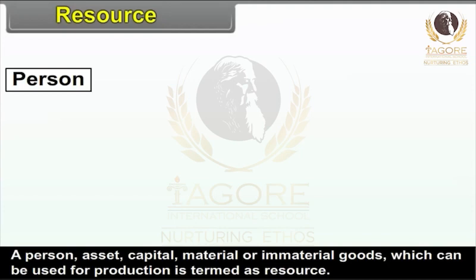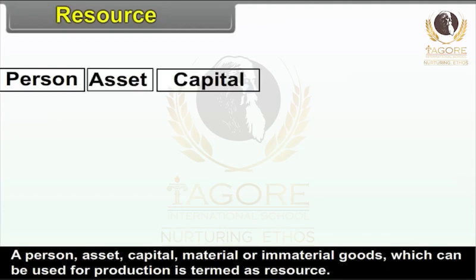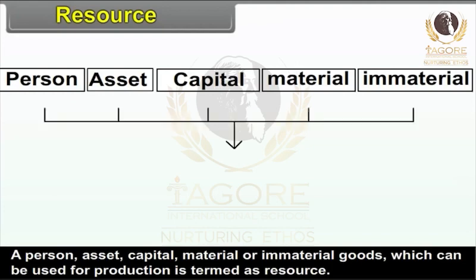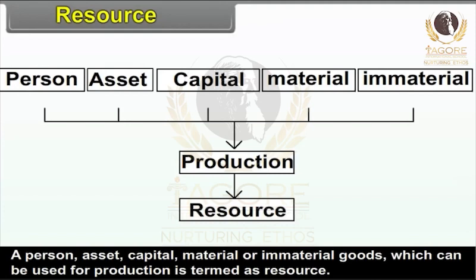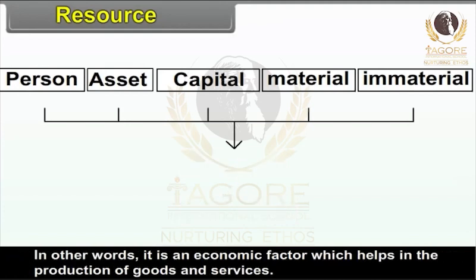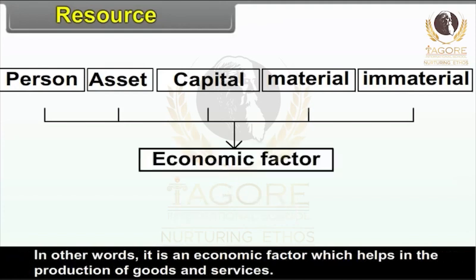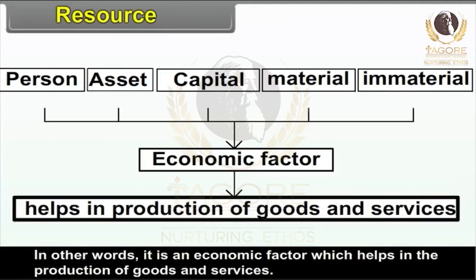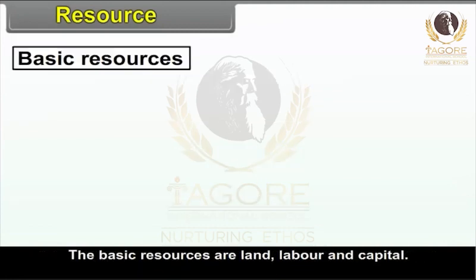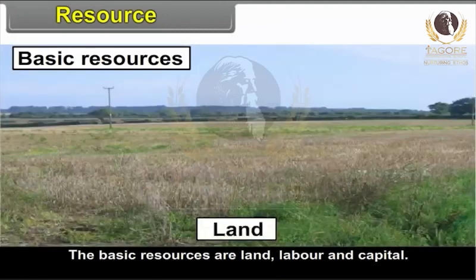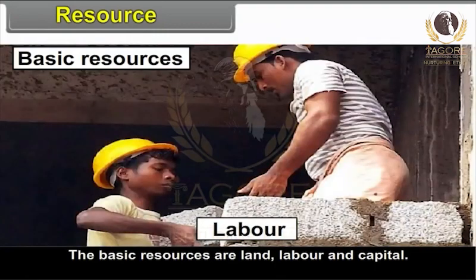A person, asset, capital, material or immaterial goods which can be used for production is termed as resource. In other words, it is an economic factor which helps in the production of goods and services. The basic resources are land, labor, and capital.